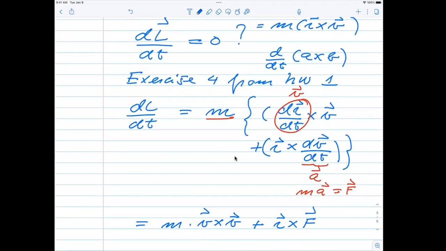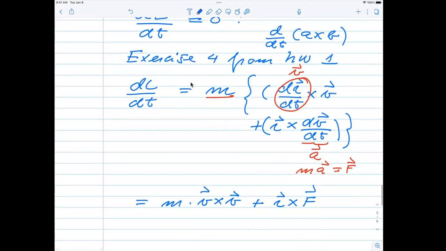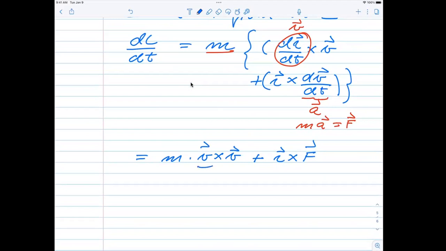Excellent. So if we now look at the expressions which we have here, if you look at this term here, can we say something about that term? Is this a term which we can get rid of? That is zero. If you take the cross product with itself, that has to be zero. So this is automatically zero. Now, the next term may not be zero. But let me ask you one thing.